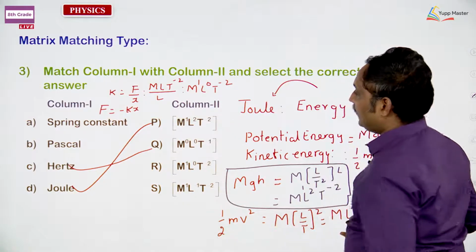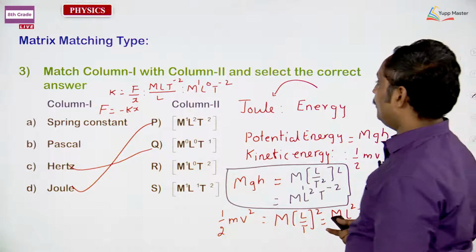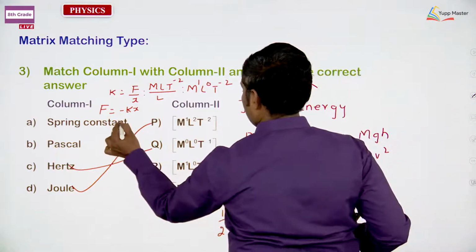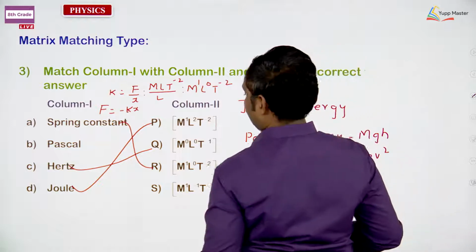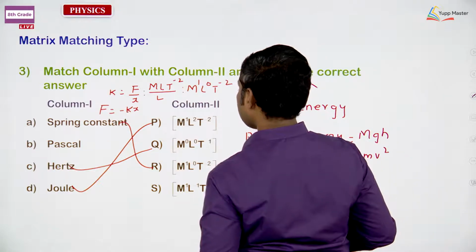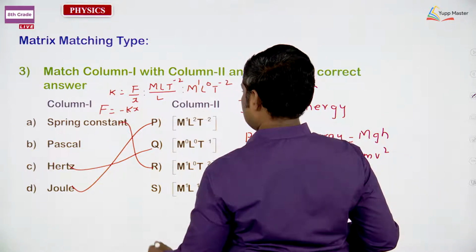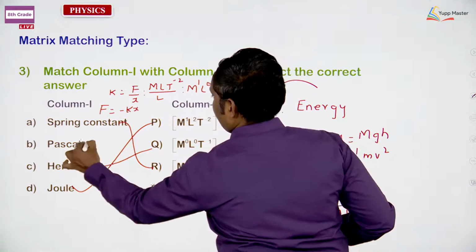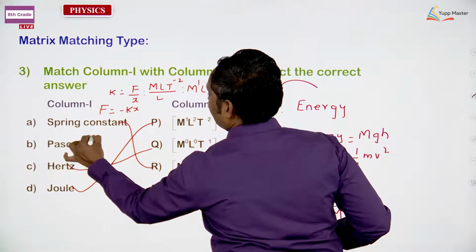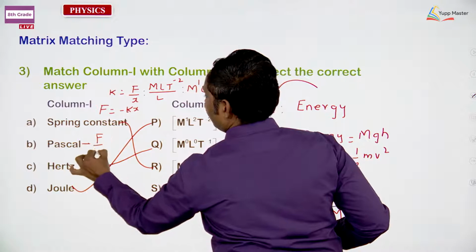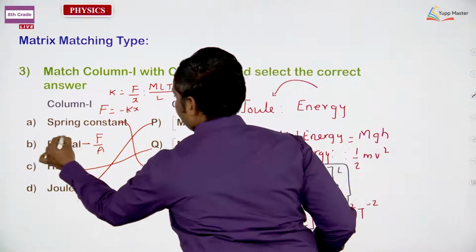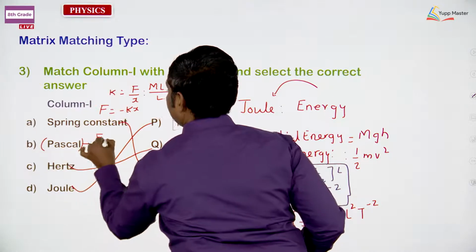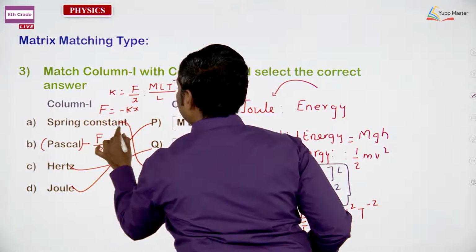That spring constant, L power 0, T minus 2. It is going to be like that. That Pascal, it is going to be identified, you can take F by A. This is the pressure.